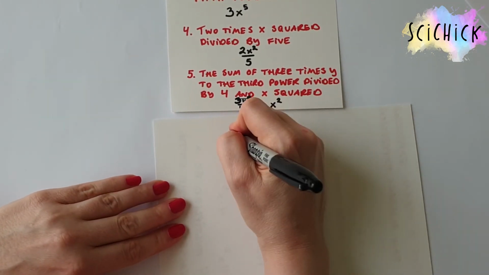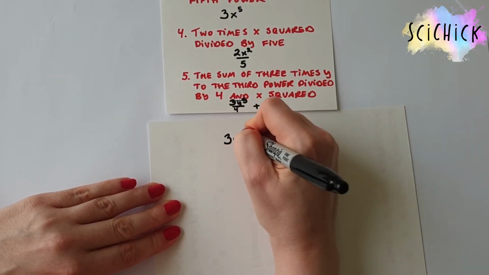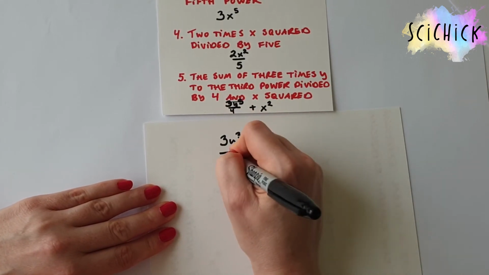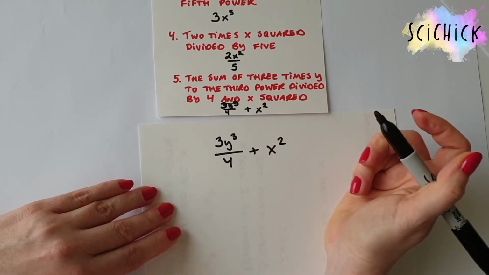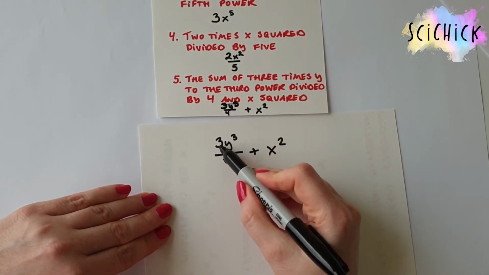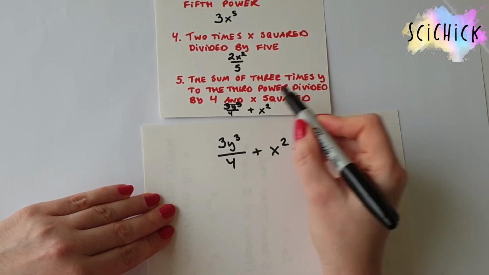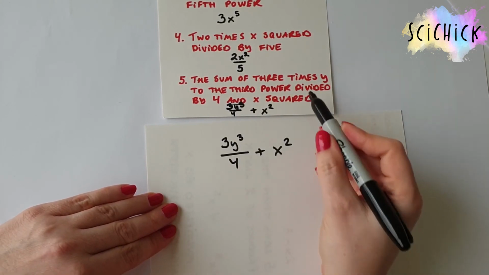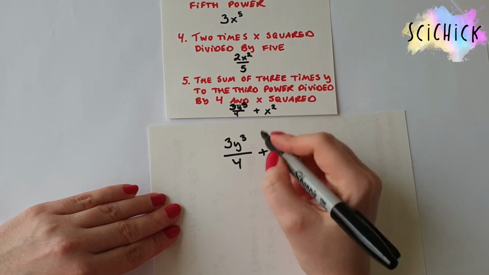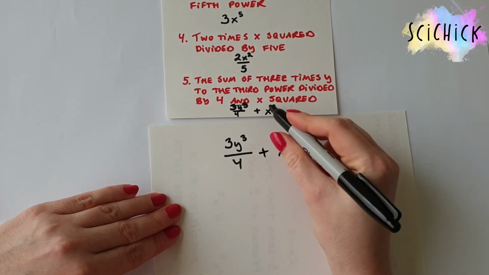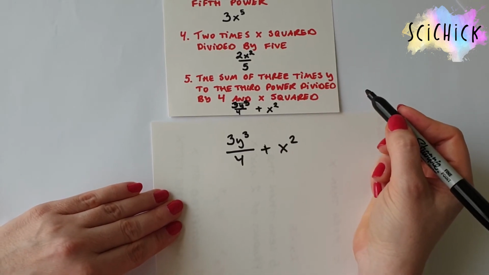So this is going to be 3y to the 3rd power divided by 4 plus x squared. 3 times y to the 3rd power, divided by 4, and then it was the sum of it, so there was a plus in between, and it was an x squared.